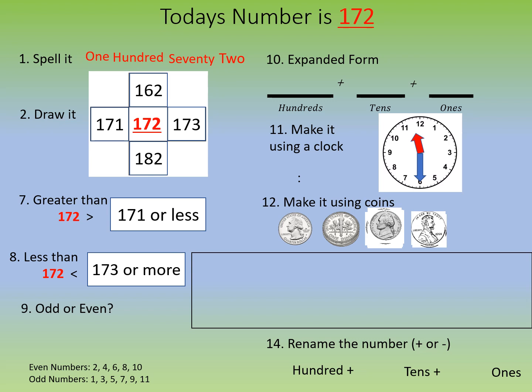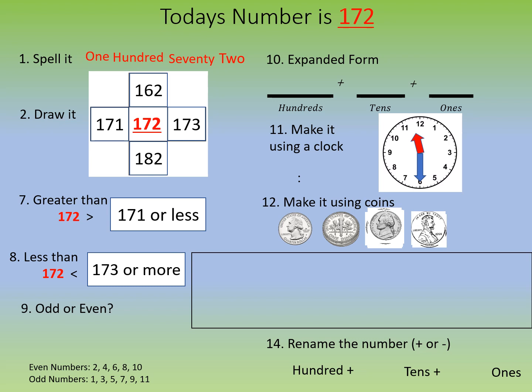If you said 1,000,000, you would be right. If you said 180, you would be right. Any number 173 or more.